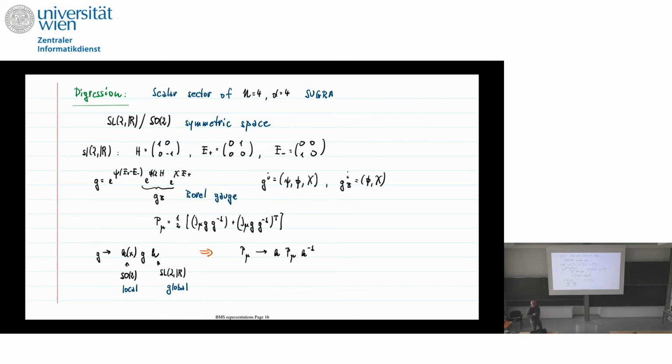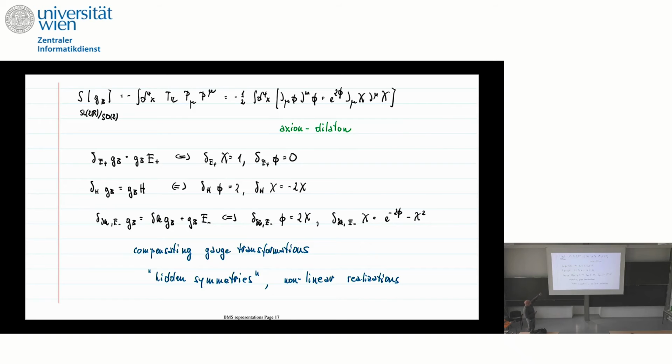And in this case, you also have an additional local gauge invariance, but let me not go into that. So it is really an example of this with gauge invariance built in. But the advantage is that if you write the axion dilaton system, it's not completely obvious to see that it has global SL2R invariance, but when you remember this construction as an effective field theory, it is obvious that it has to be SL2R.